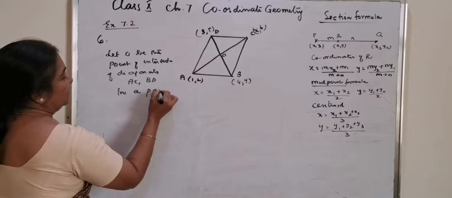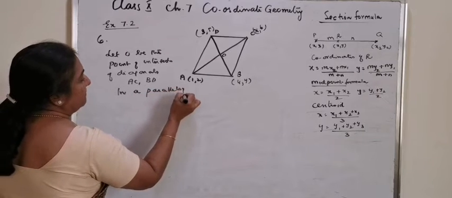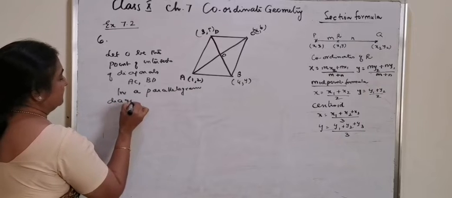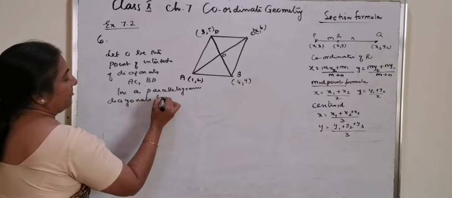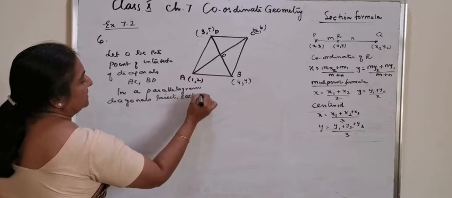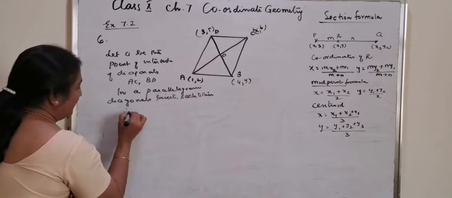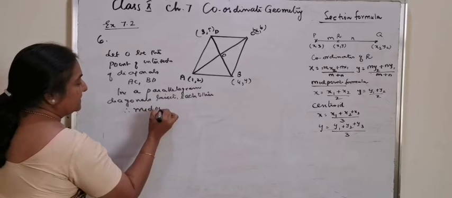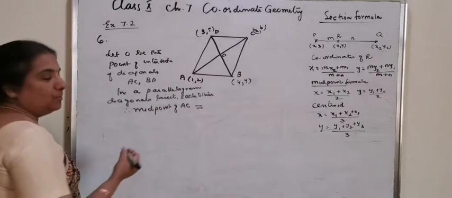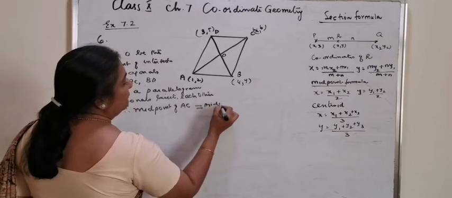In a parallelogram, diagonals bisect each other. Therefore, the midpoint of AC is equal to the midpoint of BD.